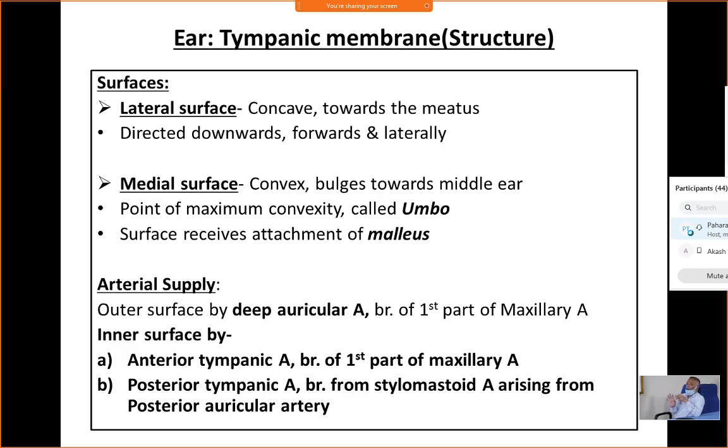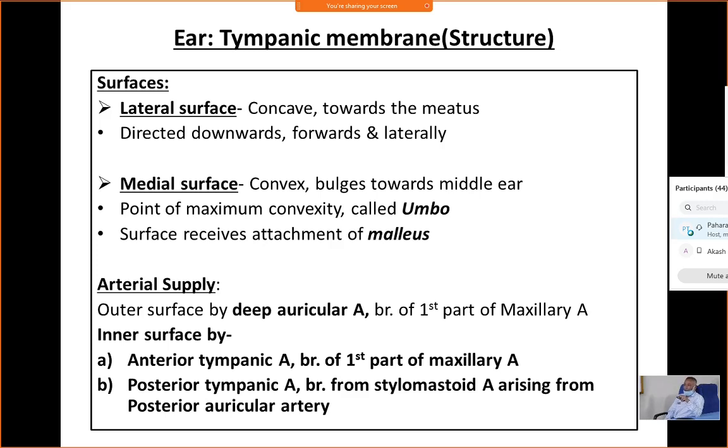Now if too much fluid is inside the middle ear cavity, what will happen? This concavity is obliterated. The point of maximum convexity is called the umbo. The medial surface receives the attachment of the malleus, as I have already said.